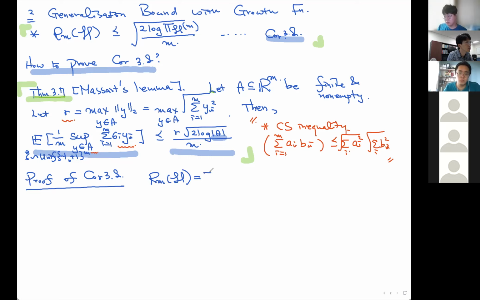That is expectation over inputs of size m.